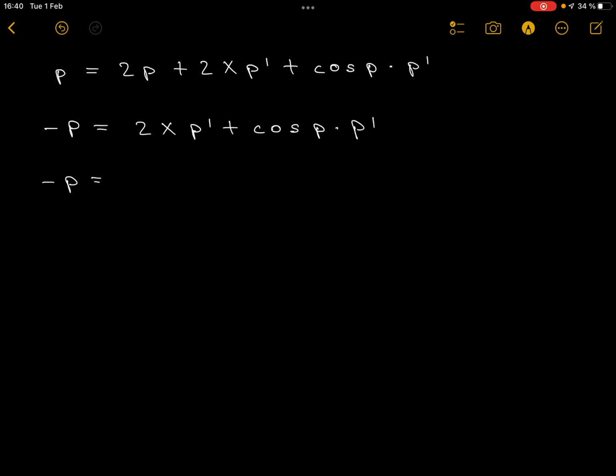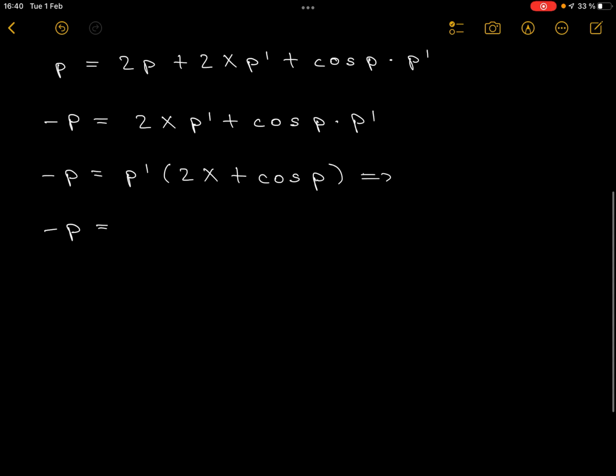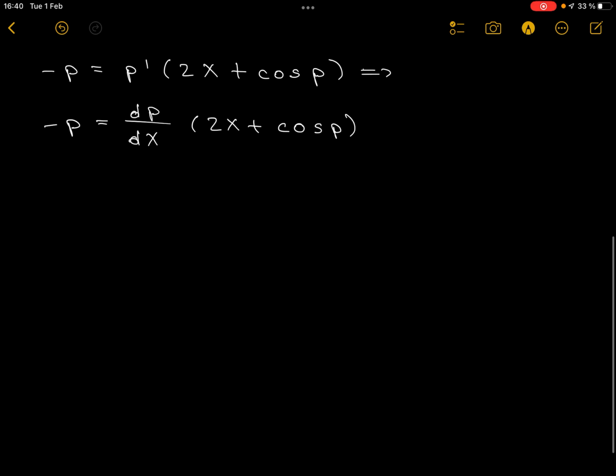Or in other words, minus p is equal to p prime times (2x plus cosine p). Okay? Or in other words, we can rewrite this equation as minus p is equal to dp over dx times (2x plus cosine p).